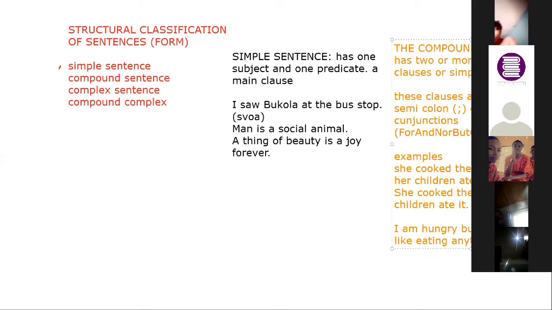I use but. Do you understand what a compound sentence is? Any question? No, sir.